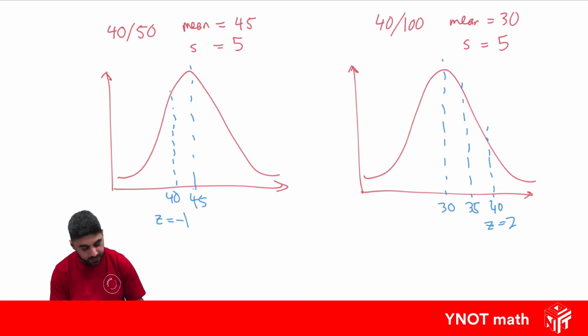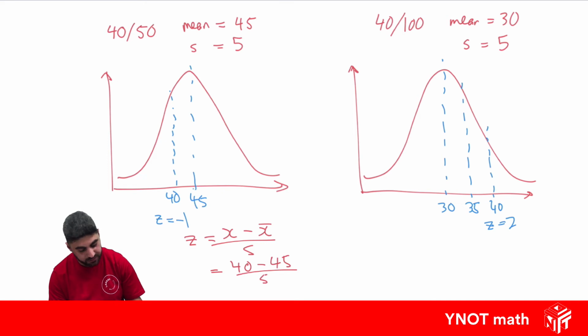You can even use the formula to find those z-scores. You don't have to do that diagram every time. So let's just see how we can do that. We know the z-score equals score minus the mean over the standard deviation. So we got our score, 40, minus the mean, which was 45, divided by the standard deviation, which is 5.